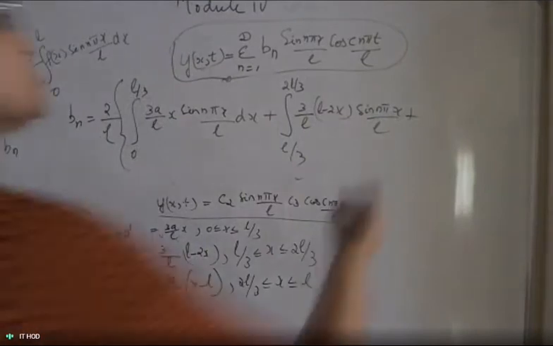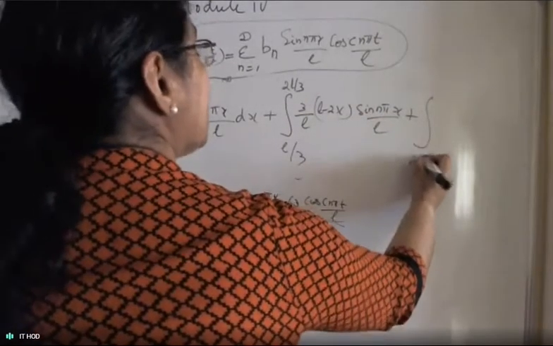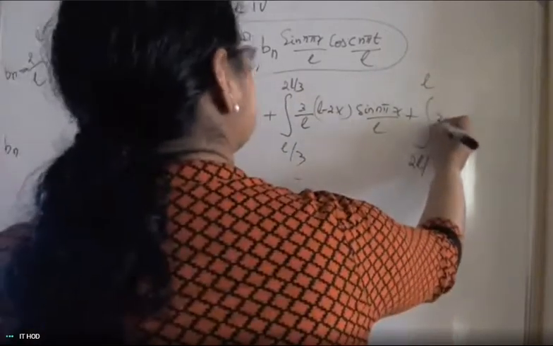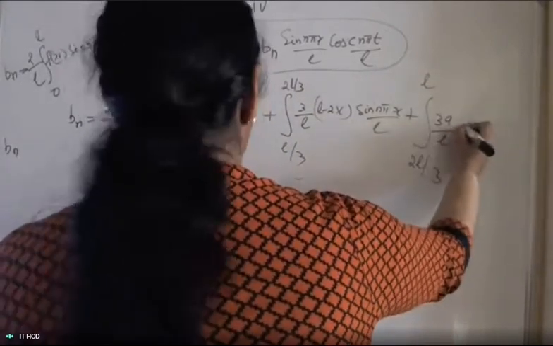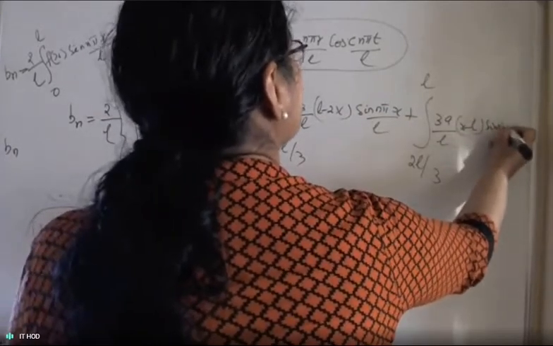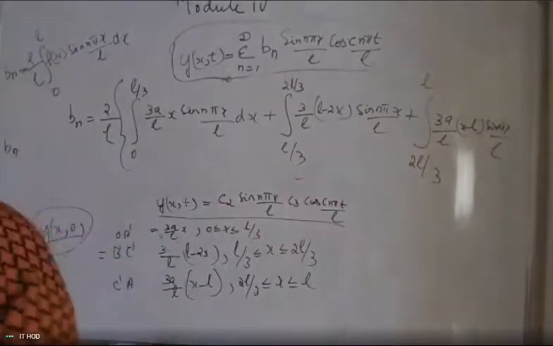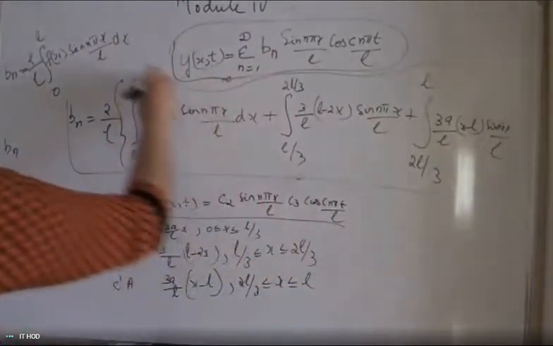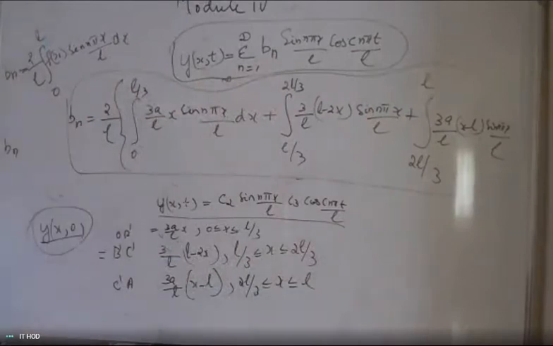That is integral 2L by 3 to L, and this is our f of x: 3a by L into x minus L into sin n pi x by L. So this part we have to find out for Bn.